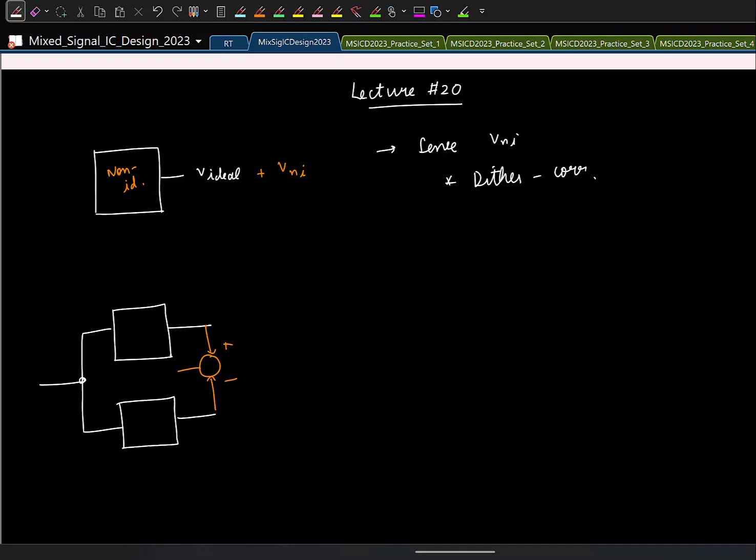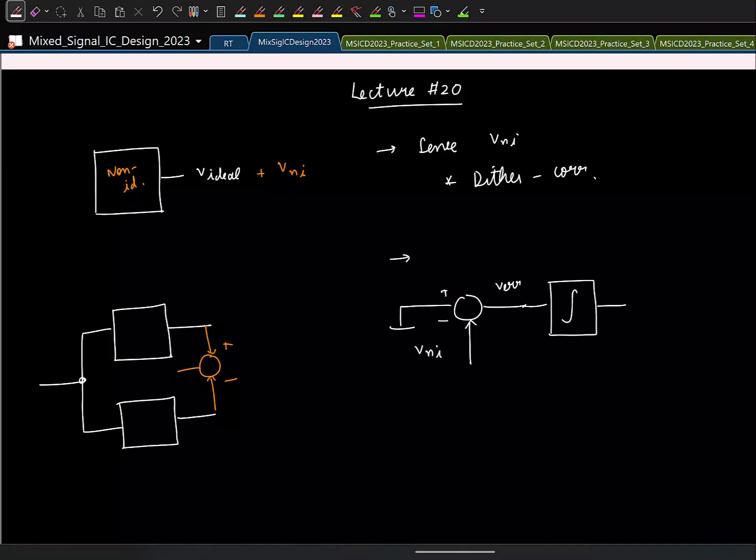The second step is to somehow use this information about the non-ideal voltage and do some corrective action in the circuit by tweaking an appropriate parameter so that this guy reduces. And for that, almost all calibration techniques use the same underlying principle, which is the following. You have this non-ideal voltage, you want this to go to 0, so you basically compare it with 0, get an error signal, and you want this error signal to go to 0, you give it to an integrator, right?